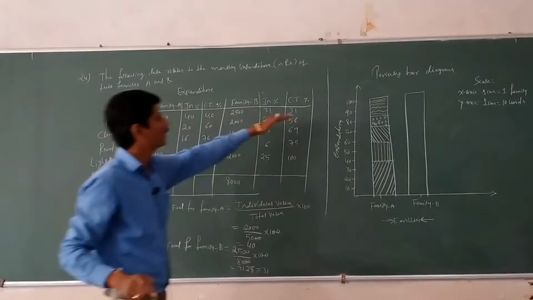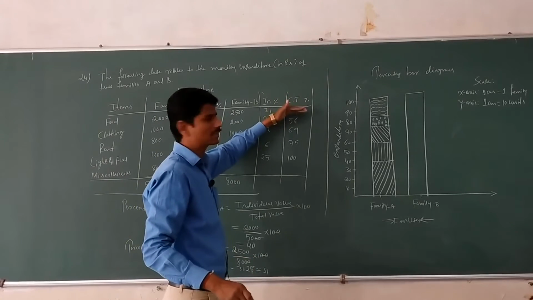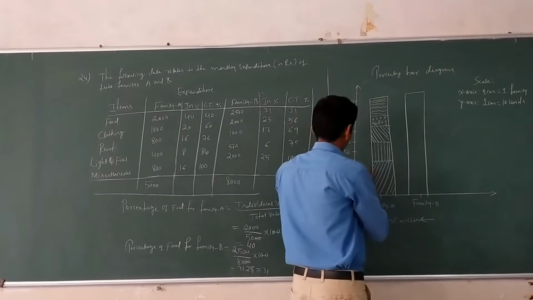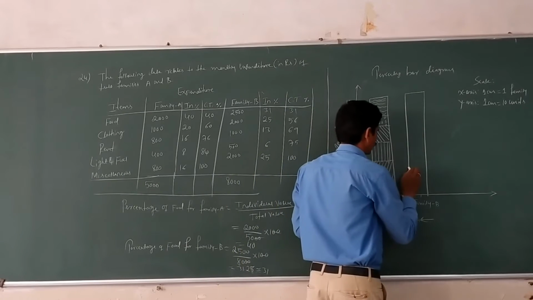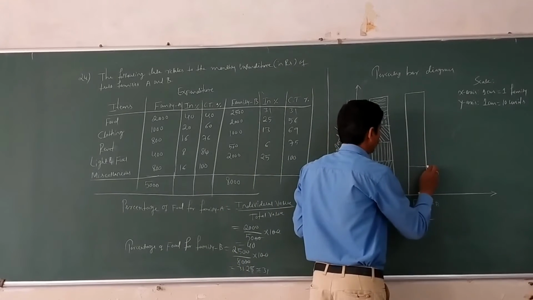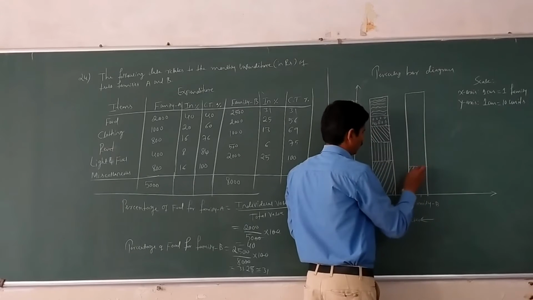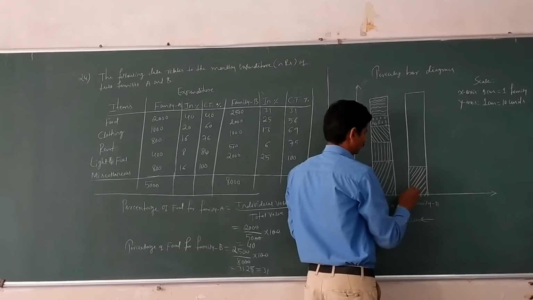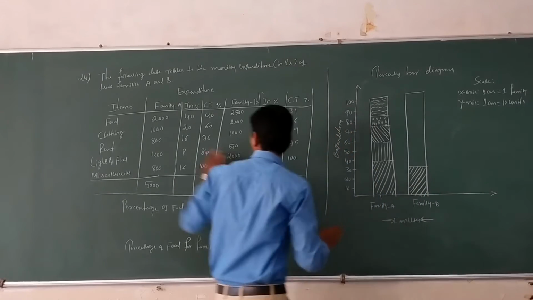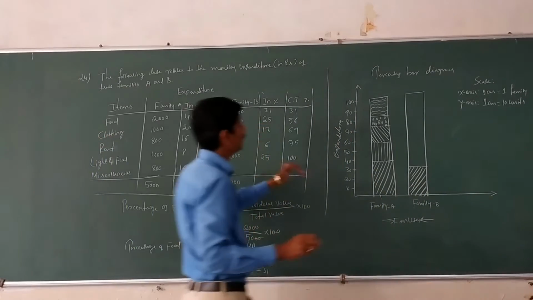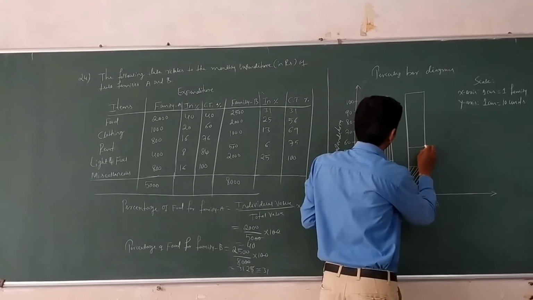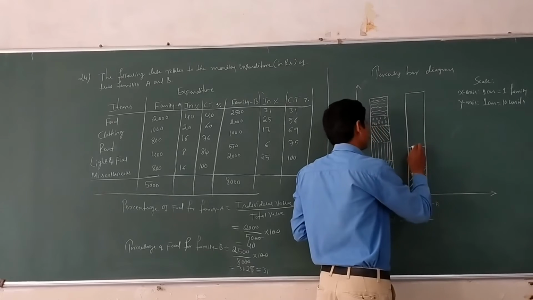Food is 31. Here you have to calculate the total percentages. Food is 31. It indicates food. The next one, clothing, is 56.